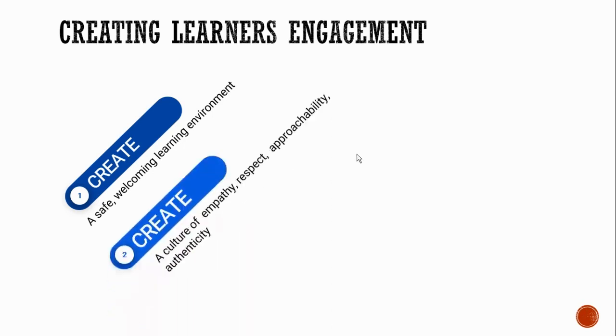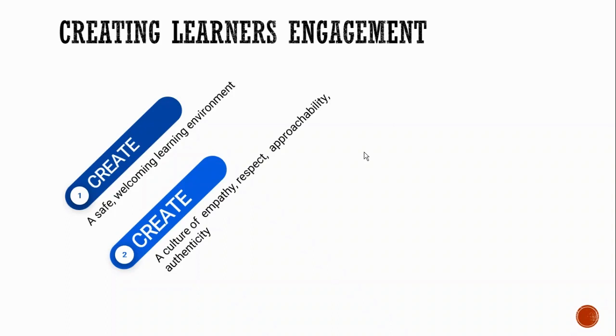So how do we create this engagement? One, you need to create a safe, welcoming learning environment, so they feel you're part of this learning. Two, you need to create a culture of empathy, respect, approachability, and authenticity.